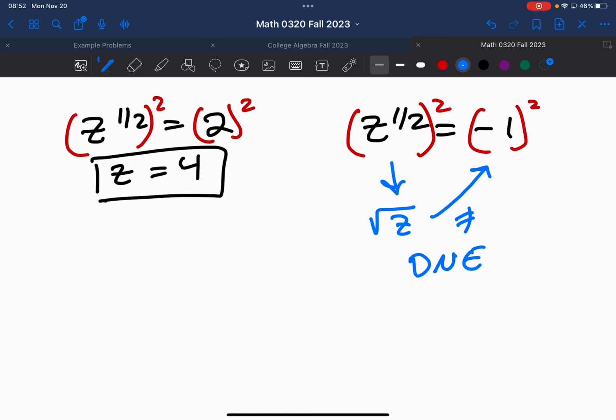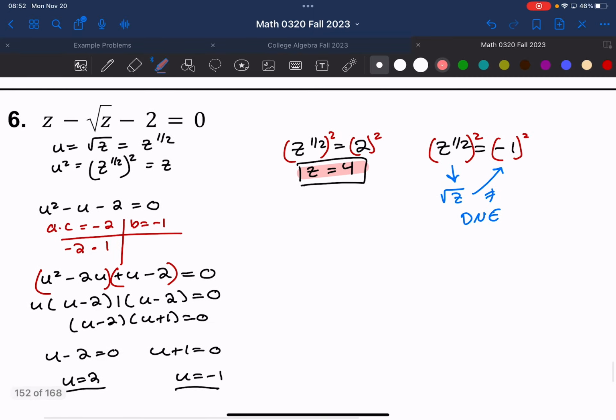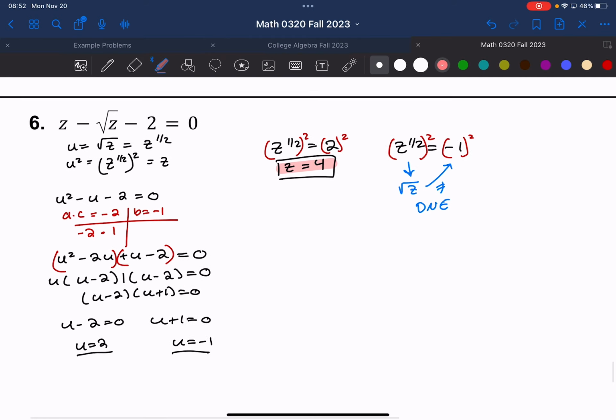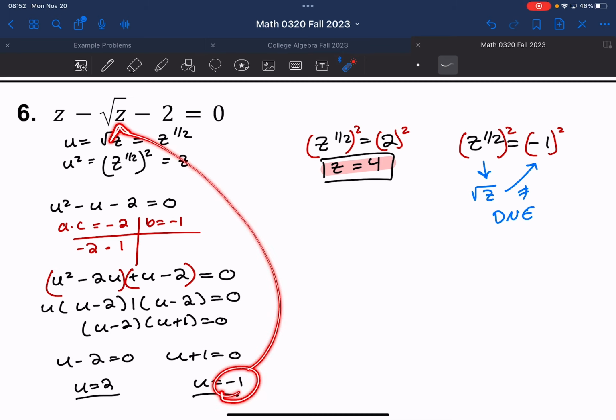So we only have one answer, which is z equals 4. This could also be something where, okay, I got that u equals -1. Let me plug in that -1 into that z value up there. I have a square root of a negative number. Does not exist.